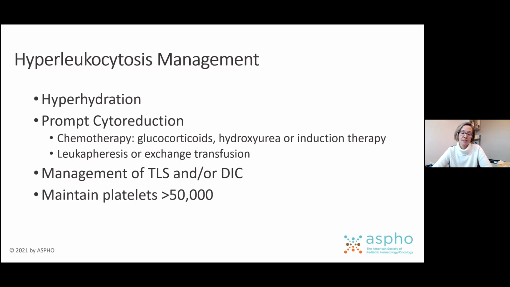And then in the setting of significantly high white count, and that would lead to complications with starting induction therapy right away, then leukapheresis or an exchange transfusion is the preferred treatment for that. In addition, management of tumor lysis and DIC, and then trying to maintain a platelet count above 50,000 is also preferred in this setting, especially if patients are getting leukapheresed.